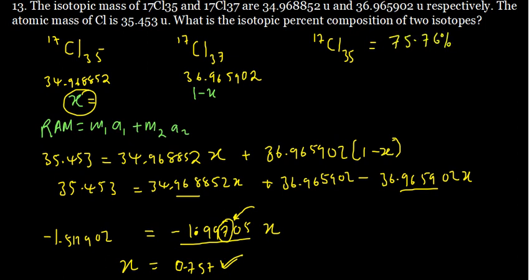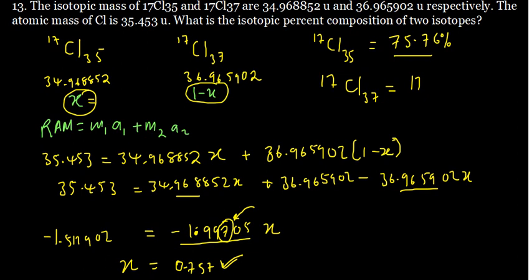And then the other one, which is 17 chlorine with a 37, the percentage is going to be 1 minus x. Now x, we've already found this percentage, and 1 as a percentage is 100. This is going to be 100 minus 75.76. That is going to be 17. Let me just do that again.